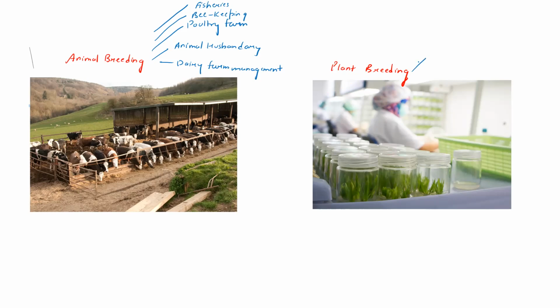And in plant breeding, we will learn about different methods of plant cultivation and plant tissue culture. We will also learn about single cell protein, and how with the help of plant breeding we produce insect and disease resistant plants.